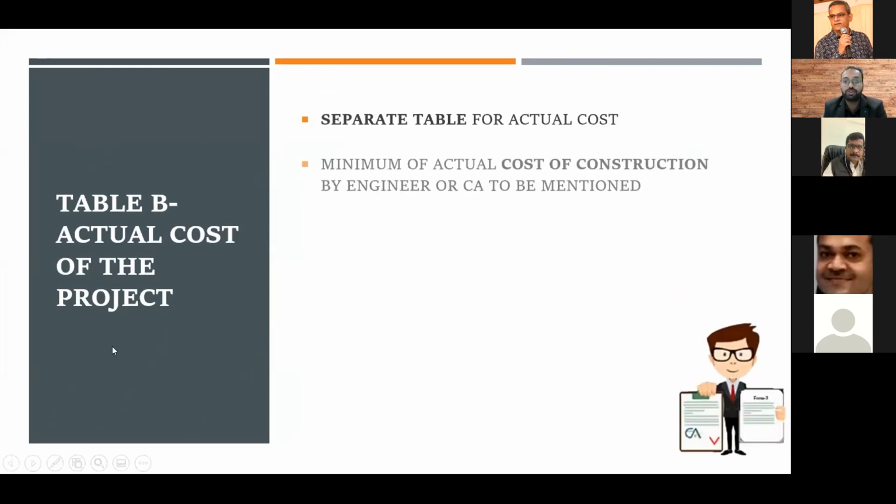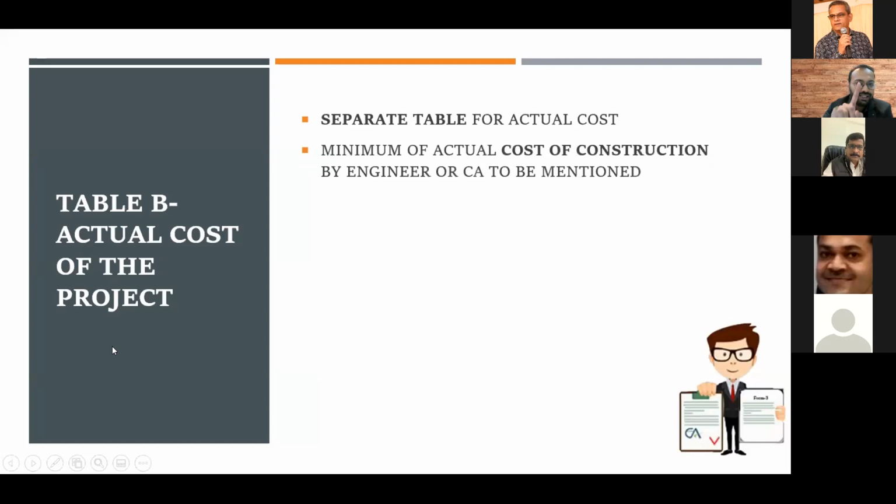A separate table has been introduced. Now in case of actual, they have properly aligned it. While mentioning the actual cost of construction, you have to take the minimum of the actual cost certified by the engineer in Form 2 and the actual cost certified by the chartered accountant. Now this will give a correct picture, because if I took material worth 100, it was accounted in my books.